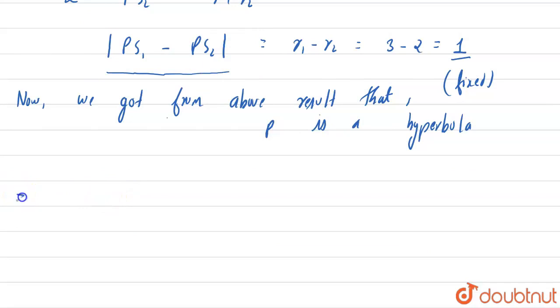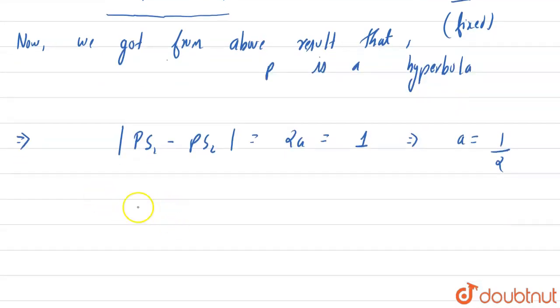So PS1 minus PS2 will be equal to 2a, and we calculated it to be 1, so we get a equal to 1 by 2. And we also know the equation of a hyperbola. It is something like x squared by a squared minus y squared by b squared equal to 1.